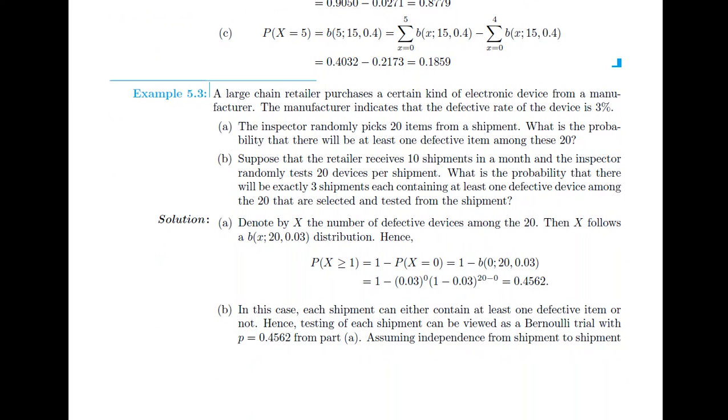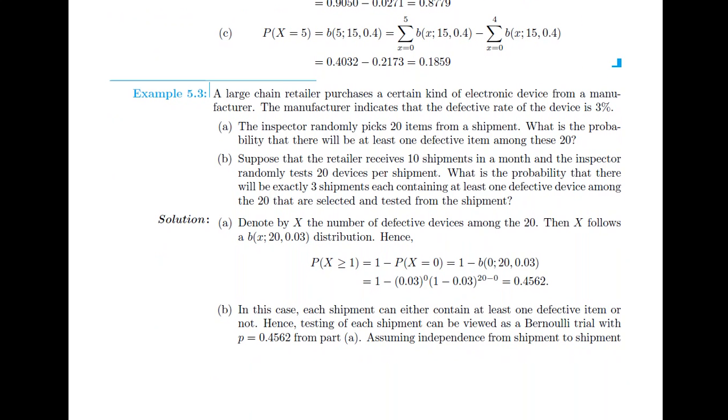Another example: a large chain retailer purchases a certain kind of electronic device from a manufacturer. The manufacturer indicates that the defective rate of the device is 3%. The inspector randomly picks 20 items from a shipment. What is the probability that there will be at least one defective item among these 20?